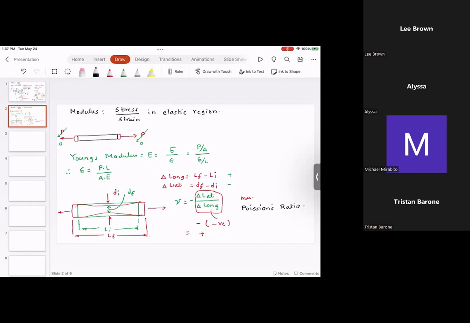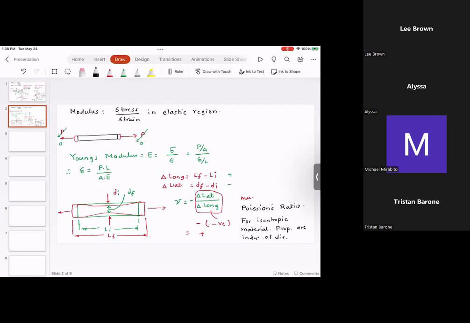So remember, for an isotropic material, which means the properties are independent of direction. For an example, if you have an orthotropic material like wood, then please understand, wood has different properties along the grain and perpendicular to the grain.